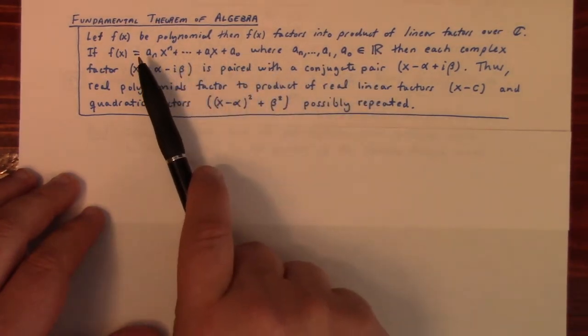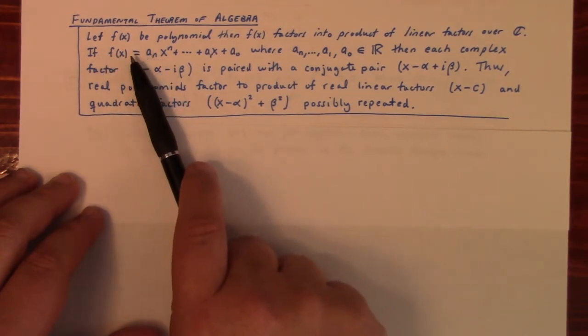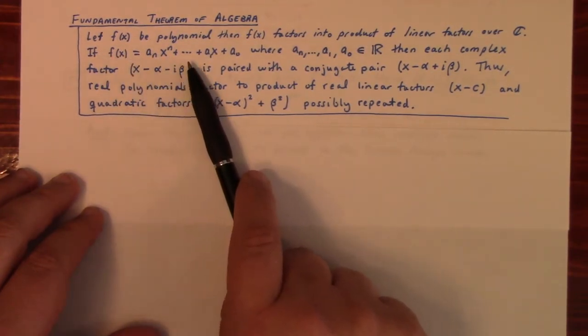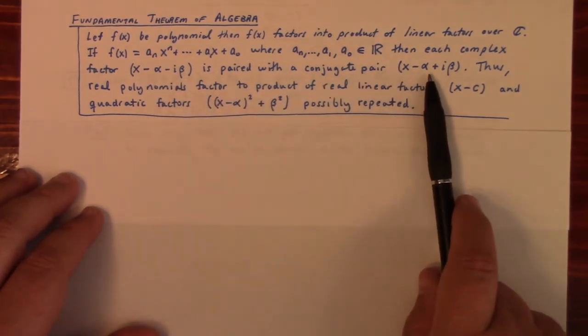And there's more that we can say. If you have a polynomial with real coefficients, then each complex factor is paired with a conjugate pair, right?